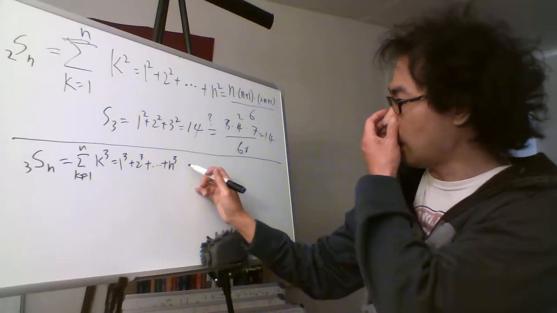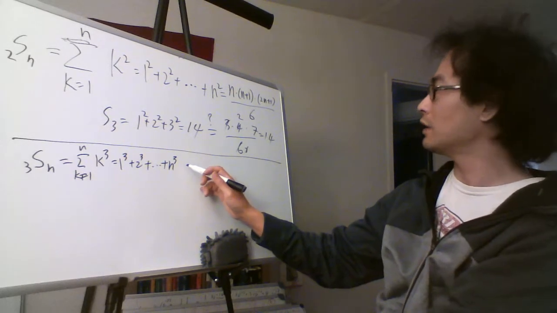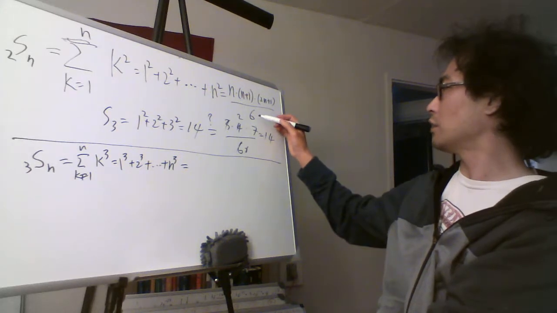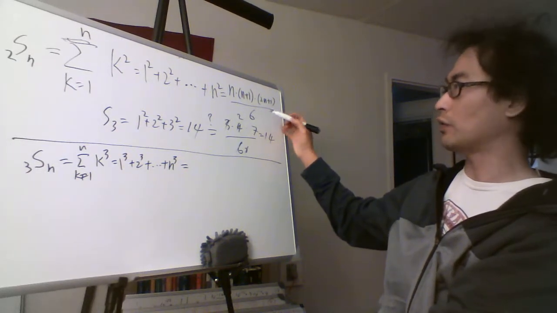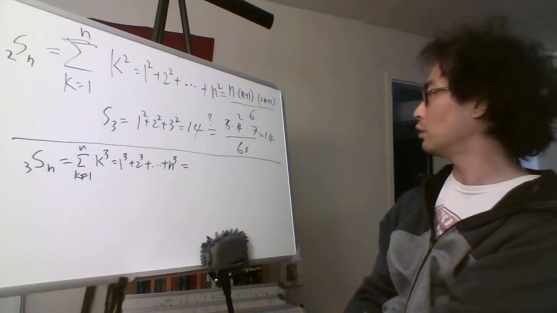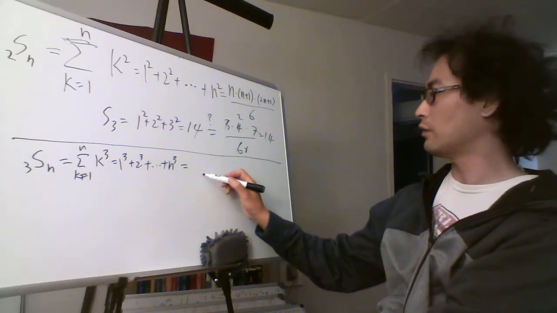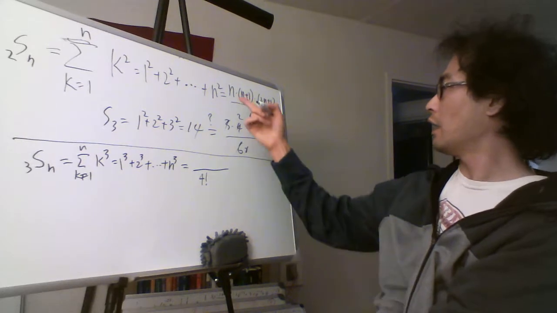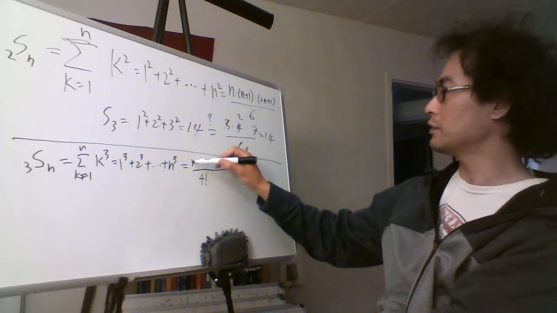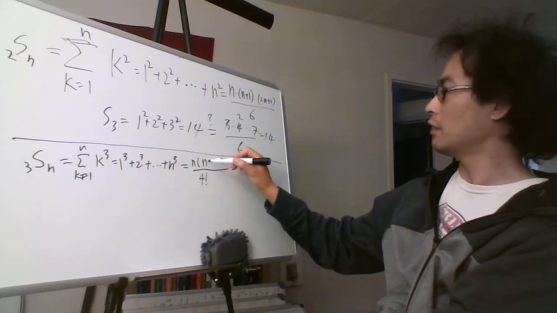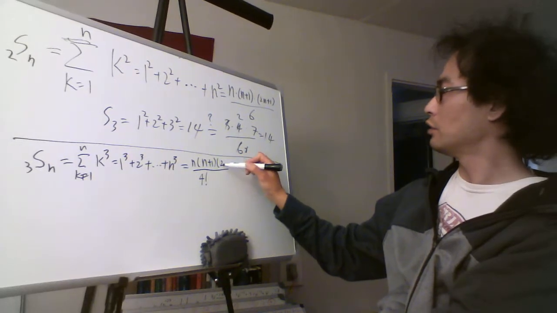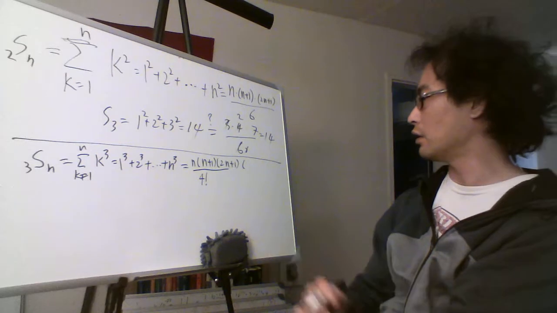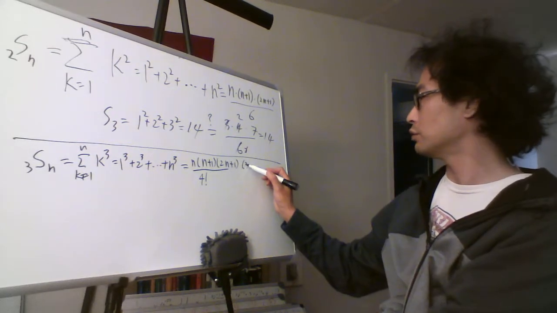We are speculating that 6, which is 3 factorial, might become 4 factorial downstairs, with n times (n plus 1) times (2n plus 1) times (3n plus 2).